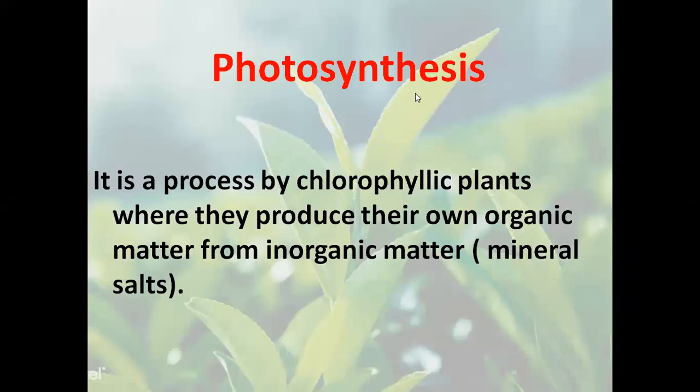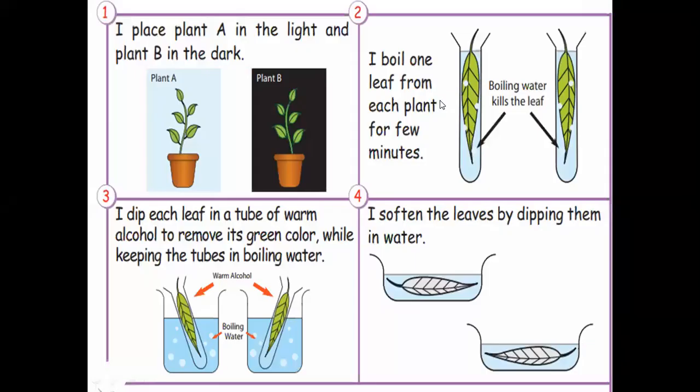What is organic matter? They produce sugar, which is stored in the form of starch, from inorganic matter, from water and mineral salts. Food making process of photosynthesis.